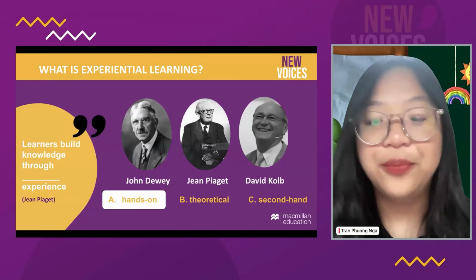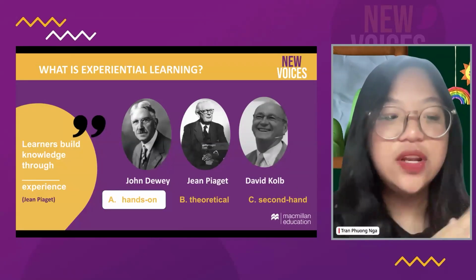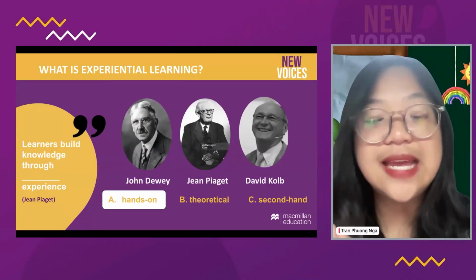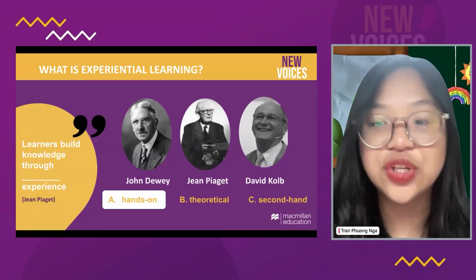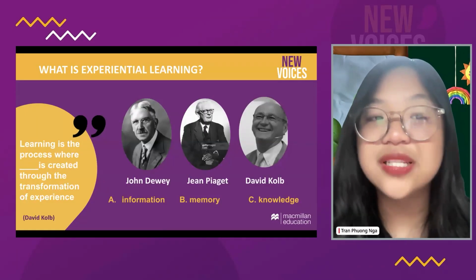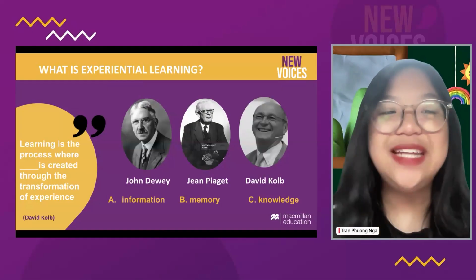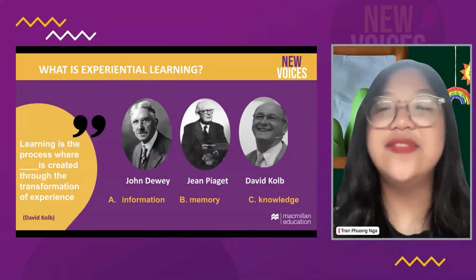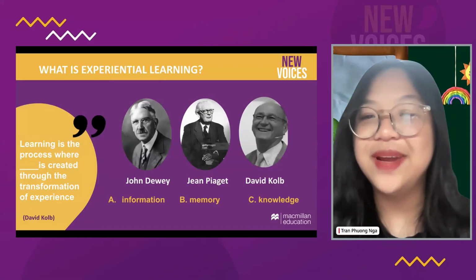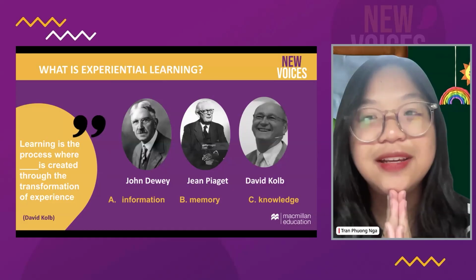Wonderful. Now, there's one more quote, from David Kolb. David Kolb further developed this into his theory of experiential learning, and here's what he said: learning is the process where, well, something in the blank again, is created through the transformation of experience. A, information; B, memory; or C, knowledge.